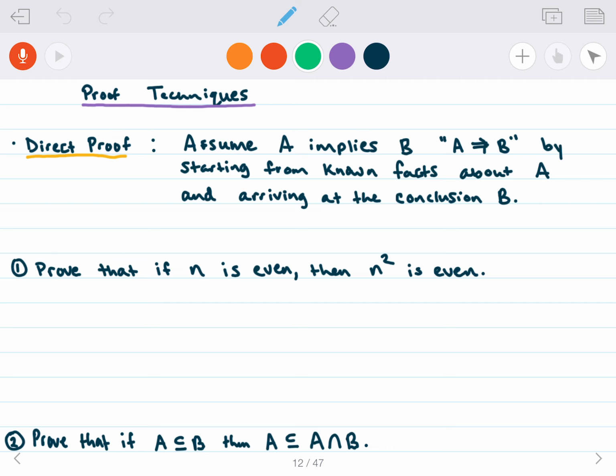You want to prove that some statement A implies some statement B, and we denote this with A arrow B. We want to start with the known facts or axioms about A and deduce a result about B.